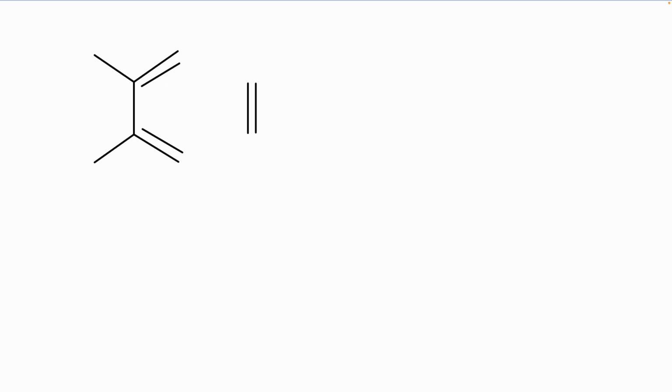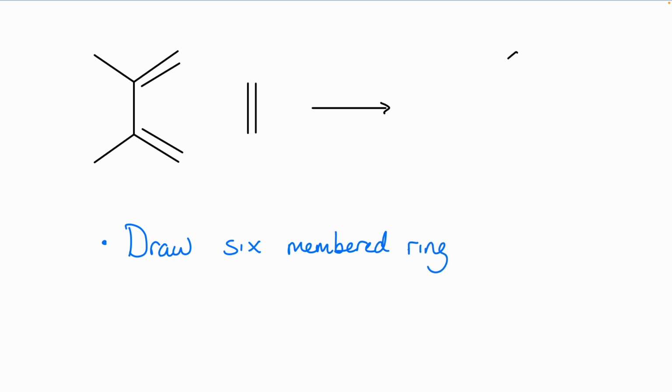All right, so if I'm going to draw my product here, I'm going to start by drawing a new 6-membered ring. So I'm like, all right, Diels-Alder reaction, boom, 6-membered ring on the product side. All right.